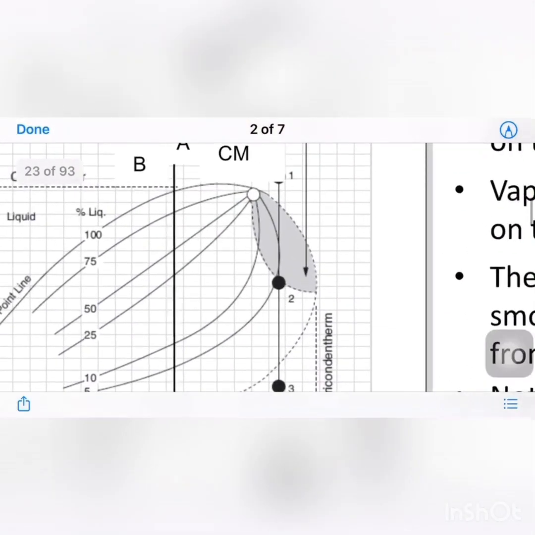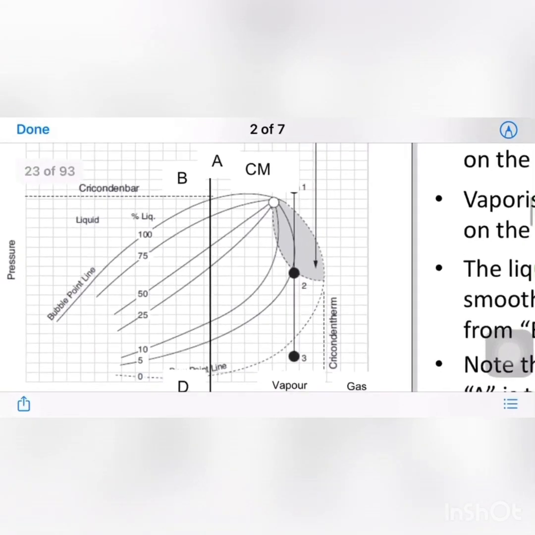In this slide you can see we have the bubble point line up to the CM point and the dew point line with 0% liquid. Here we have 100% liquid, 75%, 50%, 25%, 10%, 5%. We call them standard lines.